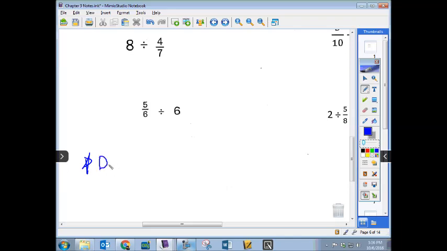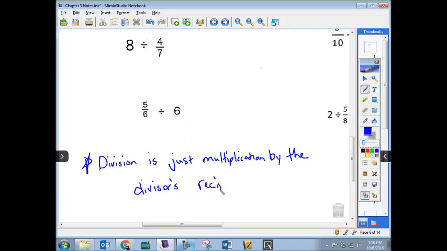Division is just multiplication by the divisor's reciprocal.